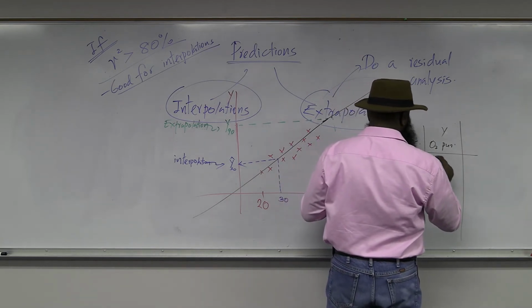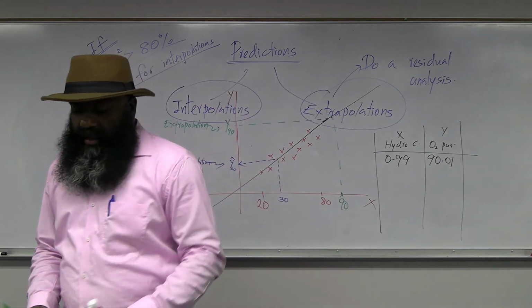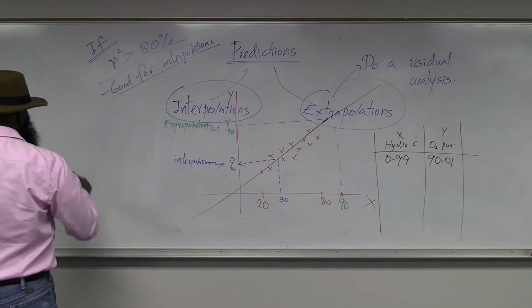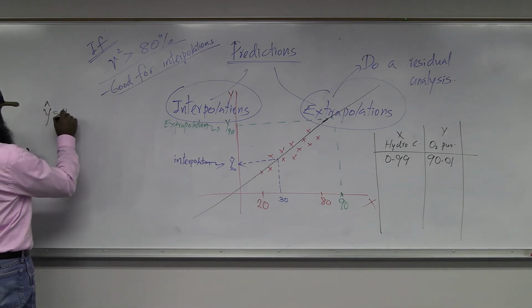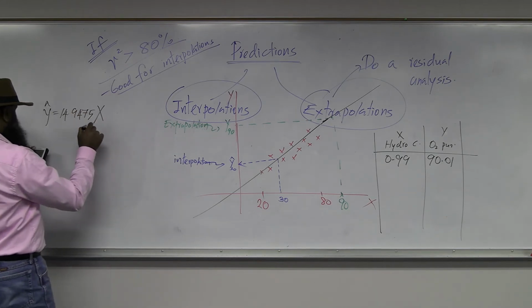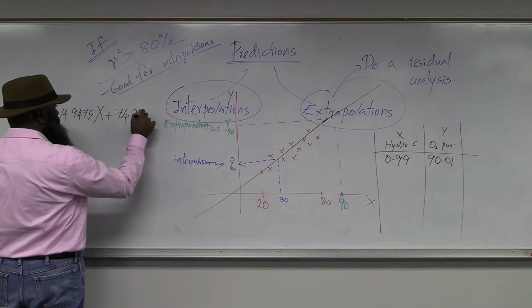First oxygen purity is 90.01. The calculated equation was y hat equals 14.9475x plus 74.2833.